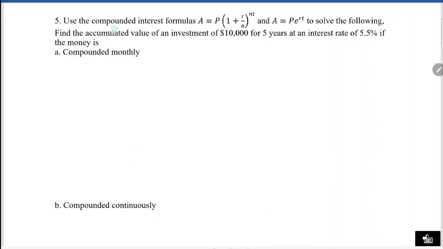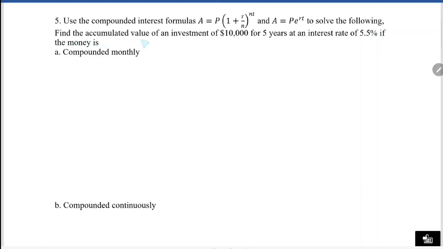It says use the compounded interest formulas A equals P times within brackets 1 plus R divided by N, the whole thing raised to the power N times T, and A equals P times E raised to the power R times T to solve the following.